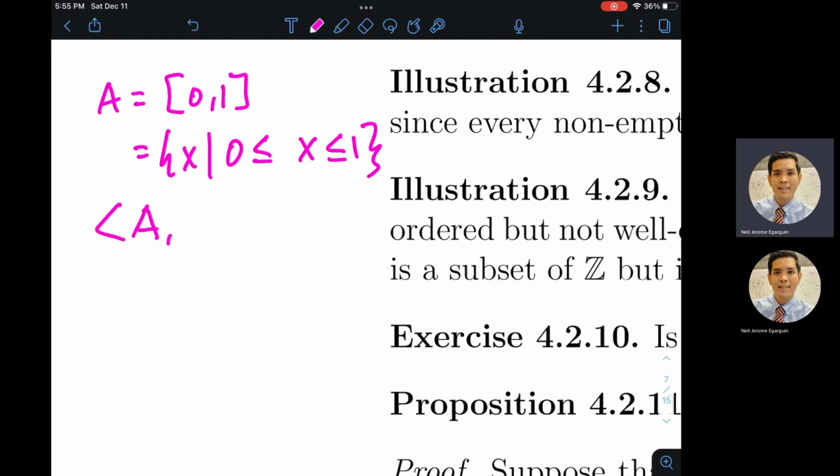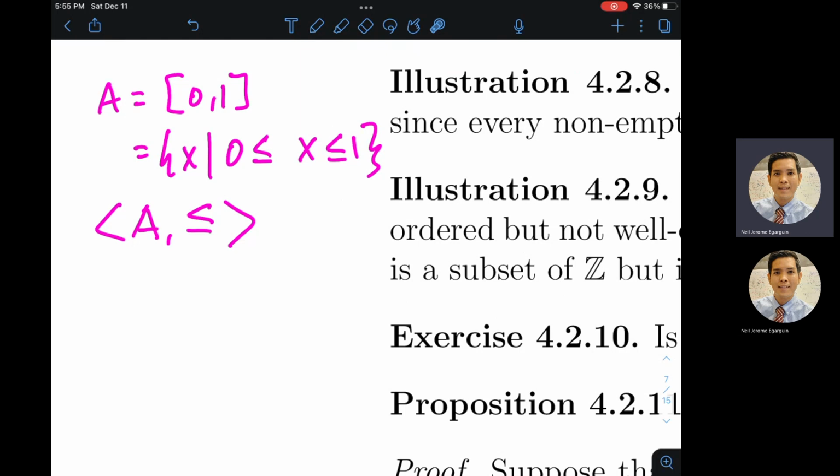A together with the natural order less than or equal to is a total order, all right? And we have concluded that 0 is the first element of this poset. But having a first element doesn't guarantee being well ordered. Kasi dapat lahat ng subsets ni A dapat magkakaroon ng first element.